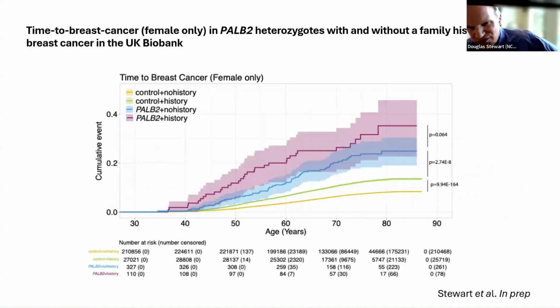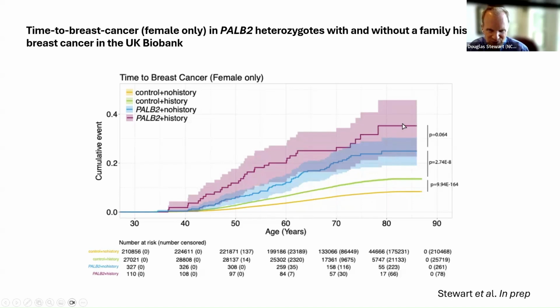And then the other thing, which I thought was particularly interesting, was looking at controls here in yellow, and this is UK Biobank, no history of breast cancer. Green controls, i.e. no PALB2 variants, with a history of breast cancer. And then you see the PALB2 carriers with no history of breast cancer, and then you see an even greater risk for PALB2 with a personal history of breast cancer.